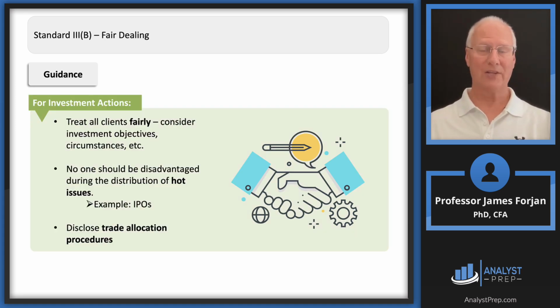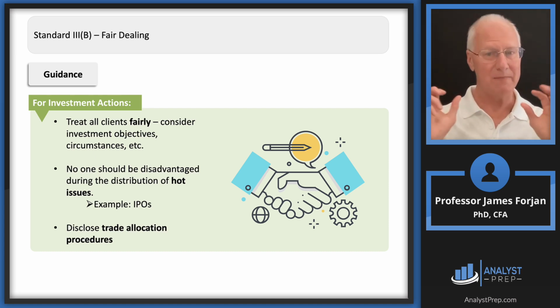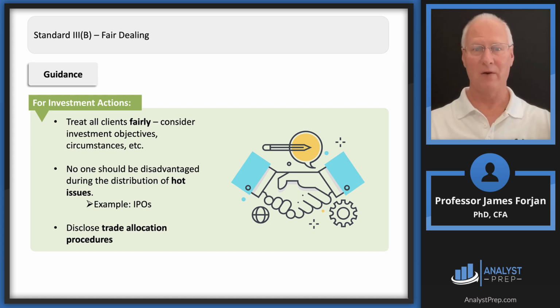For investment action, at the actual trading here, we need to make certain that we treat all clients fairly. Now, that doesn't mean that we treat all clients the same, right? Some clients, let's go back to my example, might be perfectly happy, and it's consistent with their risk and return objectives, to have 90 or 100 or 110 shares in Walmart and Target.